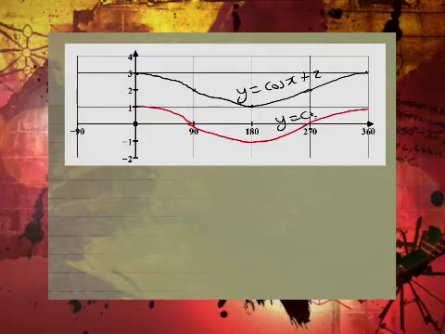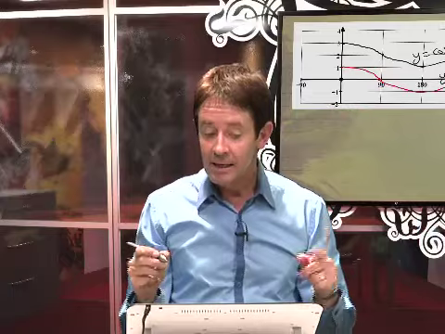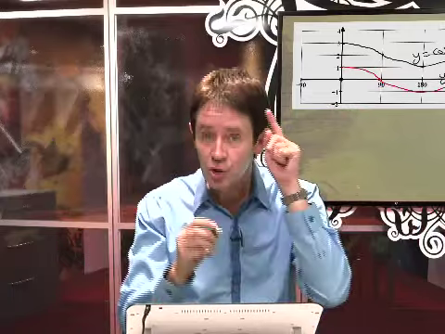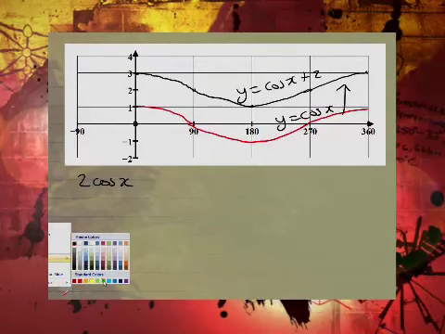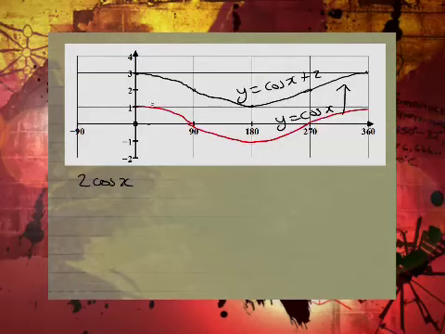This was your basic graph. So this one shifts up 2, unlike if you take 2 cos x. Now remember, if you were looking at a graph of 2 cos x, let me go to another color, say blue, this here is 2 cos x. See, be very careful.